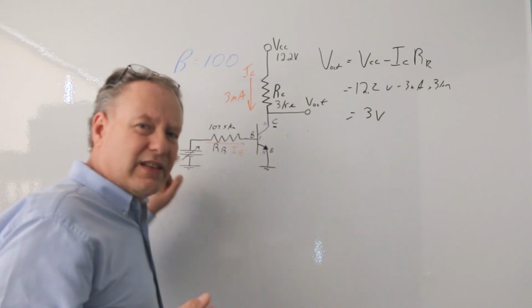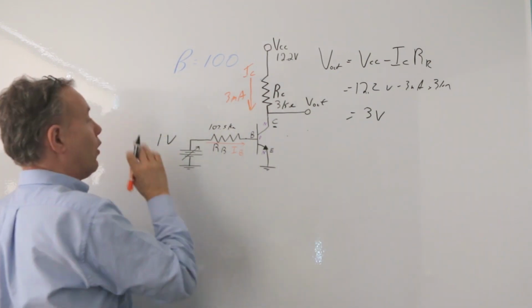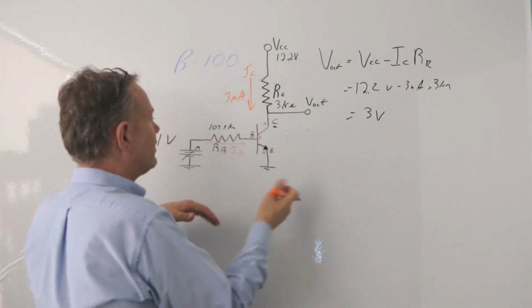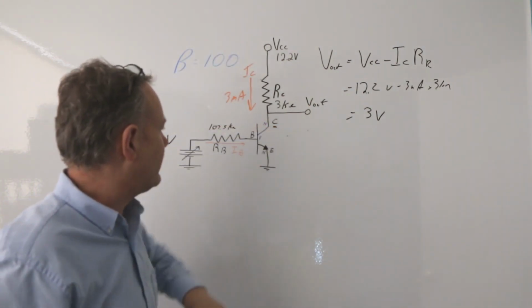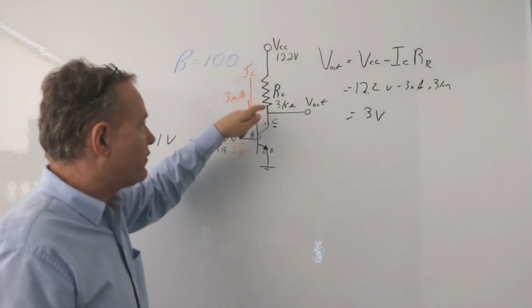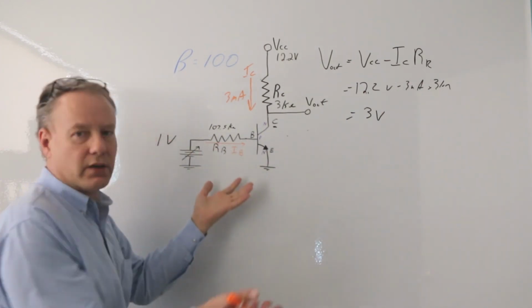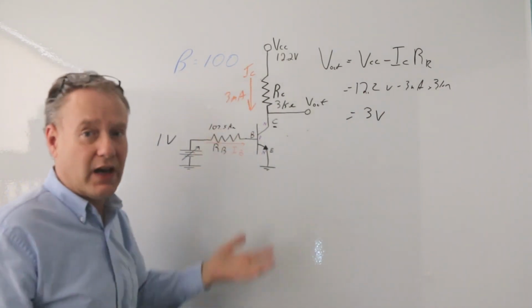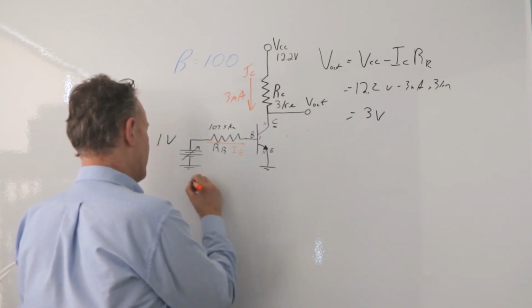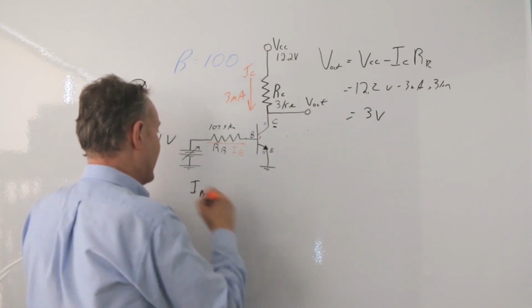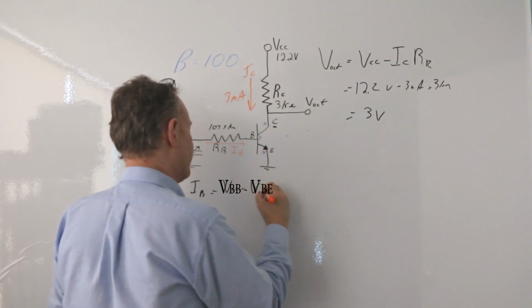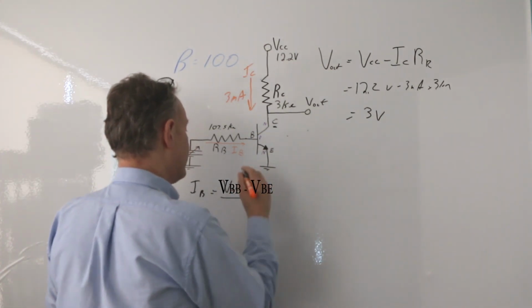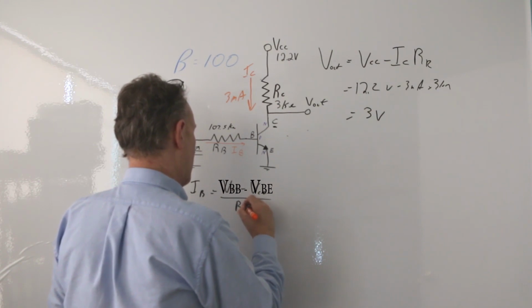Let's see what happens if I kick this down to like 1 volt. Okay, 1 volt there. What's happening here? Well, I've got to find out how much current's going through here so I can calculate that. To figure out how much current is going through here, I need to know how much current's going through here so I can apply it to this. So with that, going back to Ohm's law, my IB is my VCC minus my VCE, divided by my RB.